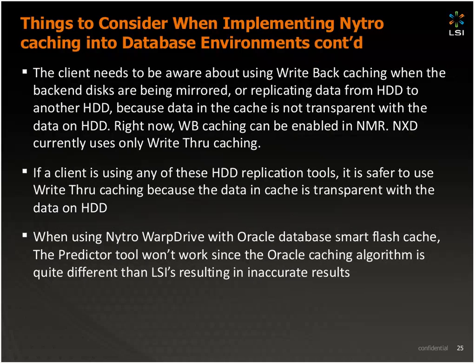Right now, write-back caching can be enabled in Nitro MegaRAID, whereas Nitro XD currently uses only write-through caching. Nitro MegaRAID can be enabled for write-back or write-through, depending on what the environment requires. So if a client is using any of the hard disk replication tools, it's safer to use write-through caching.